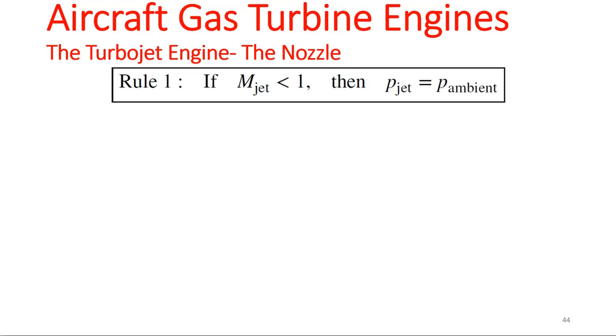The first rule is that if your jet Mach number, which is the exhaust Mach number, is smaller than 1, meaning that you are in the subsonic region, your jet static pressure must be equal to the ambient pressure. So this is M of jet, which is M9, and P of jet is P9. Ambient pressure is P0, right?